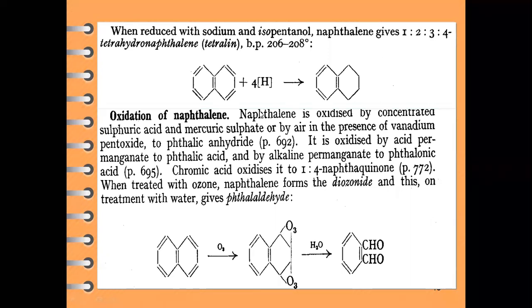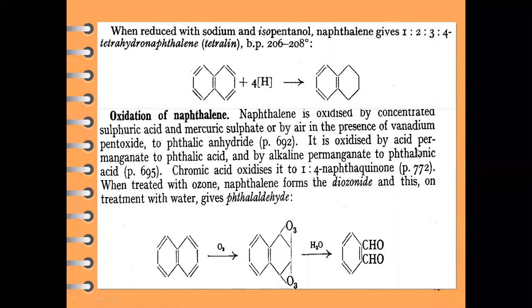When naphthalene is oxidized with sulfuric acid and mercuric sulfate, or in the presence of vanadium pentoxide, naphthalene gives us phthalic anhydride. So if we want phthalic anhydride, naphthalene is oxidized with sulfuric acid and mercuric sulfate. This results in the production of phthalic anhydride.